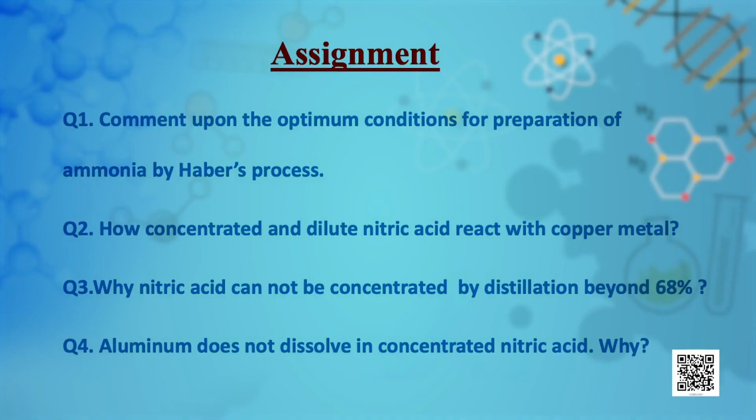Before we end the session, let me leave you with an assignment. Question number 1. Comment upon the optimum conditions for preparation of ammonia by Haber process. Question number 2. How do concentrated and dilute nitric acid react with copper metal? Question number 3.